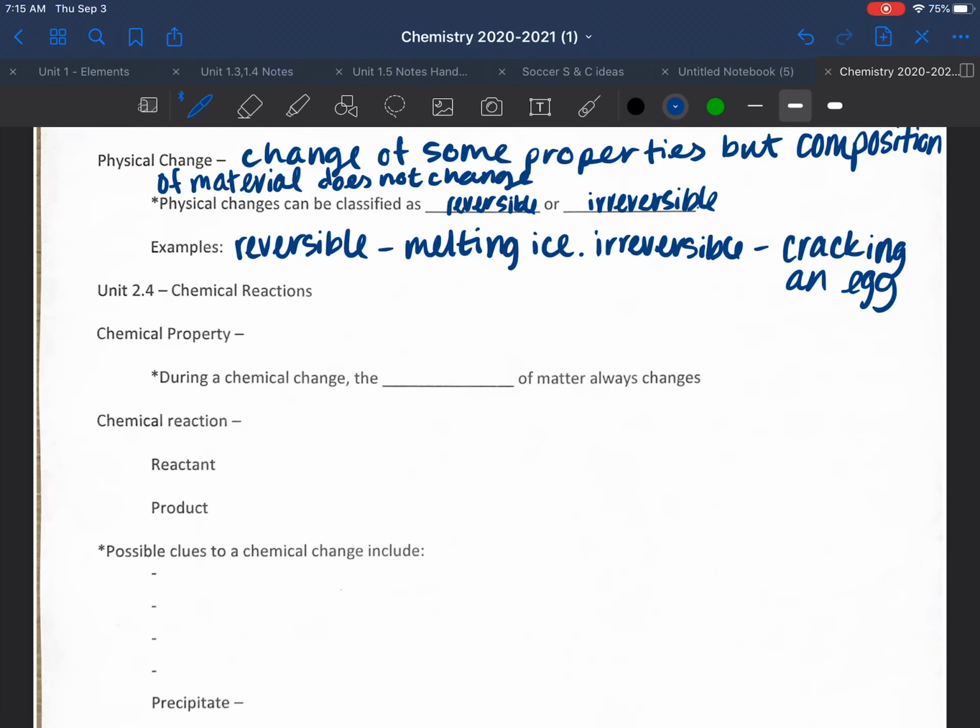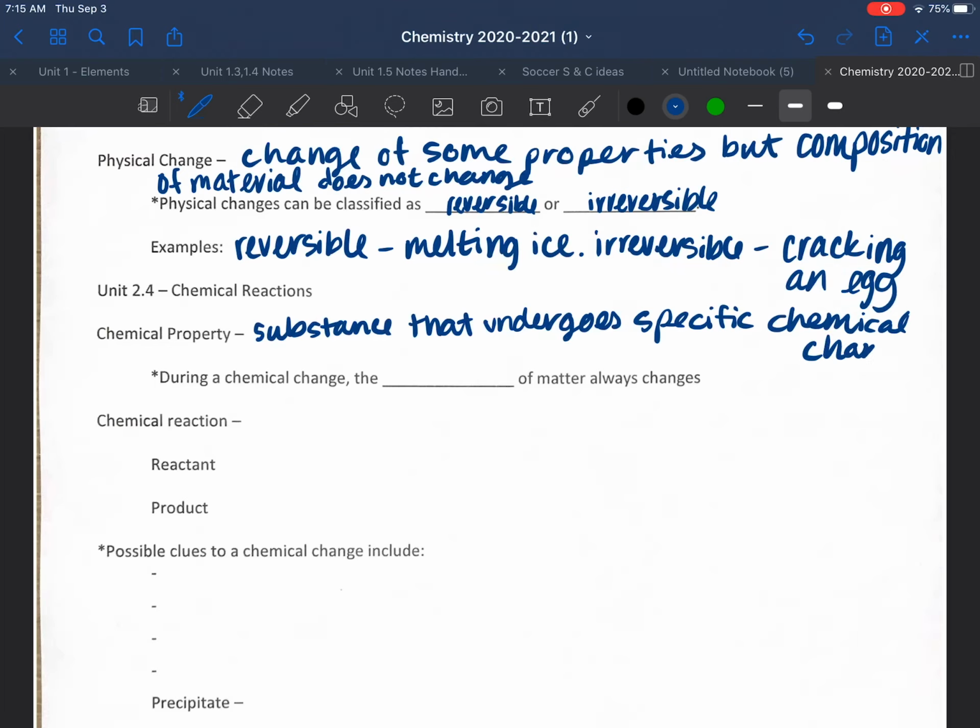So now let's define a chemical property. This is defined as a substance that undergoes specific chemical change. And so, during a chemical change, what do you guys think changes?